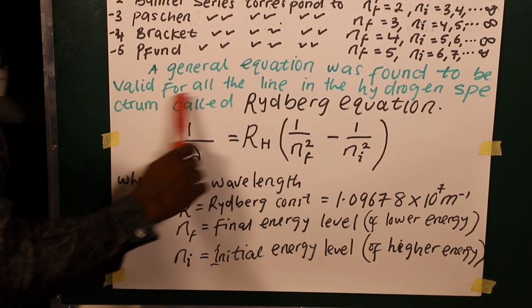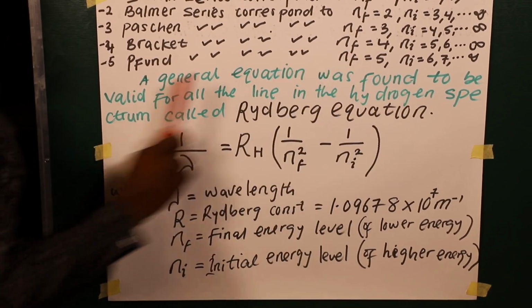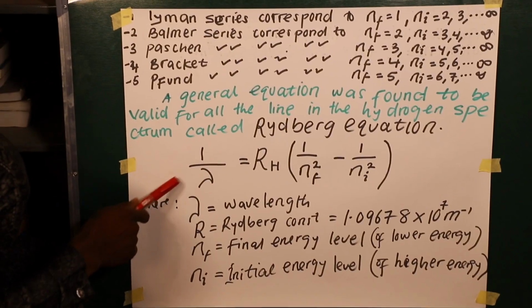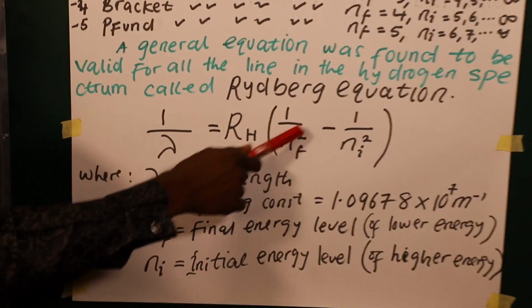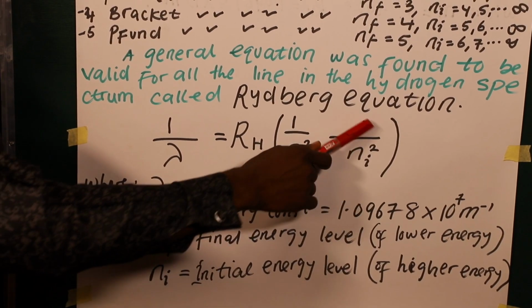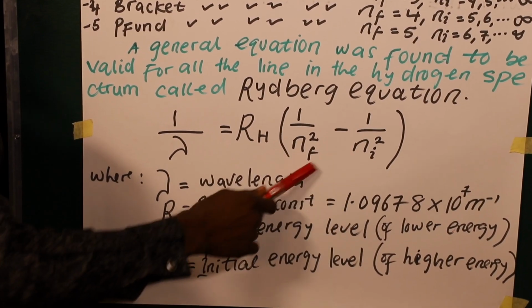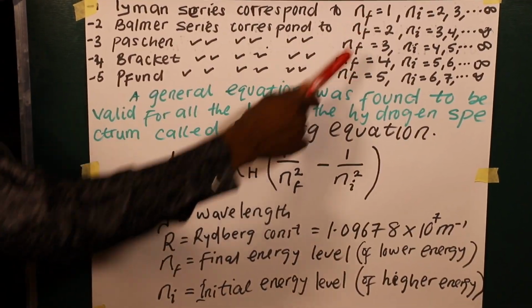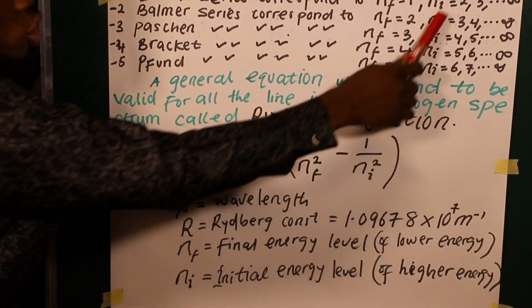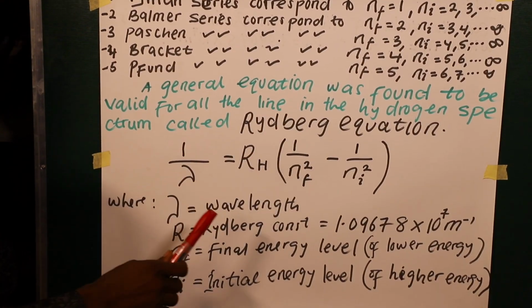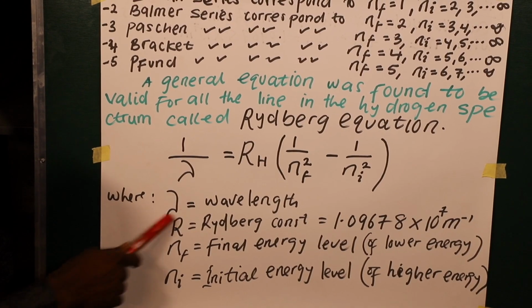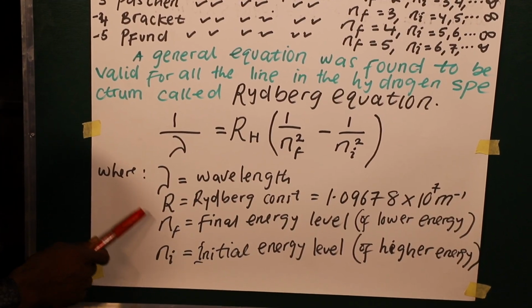The Rydberg equation is given as 1 over wavelength equals R_H times (1 over n final squared minus 1 over n initial squared), where n final shows the destination of each electron coming from anywhere, and n initial shows the starting point of each electron, and lambda is the wavelength.